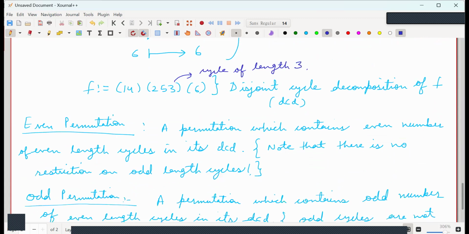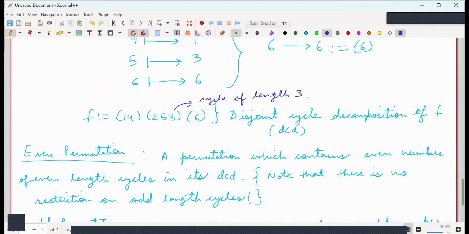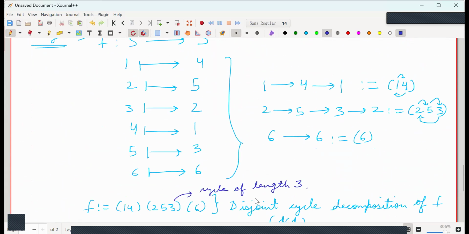Okay, sir. So as Manu pointed out, F above is an odd permutation because it has one even length cycle.